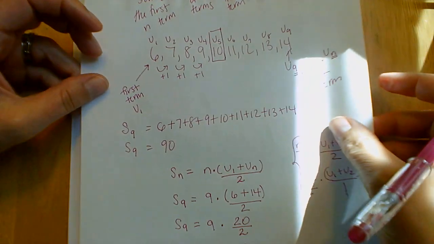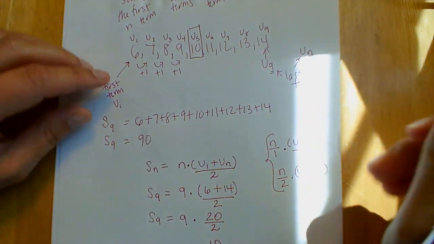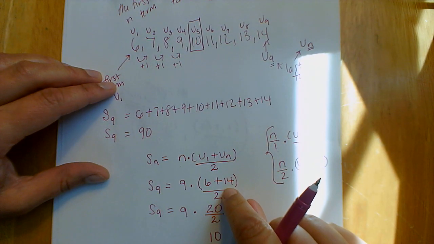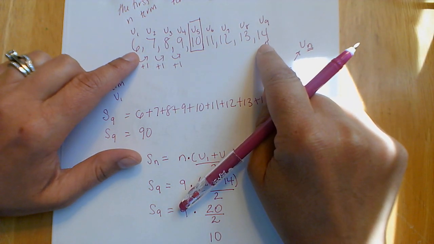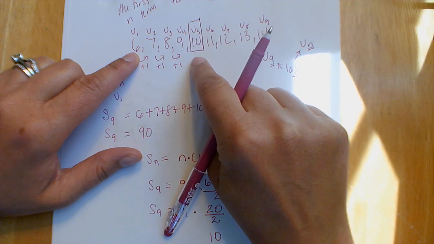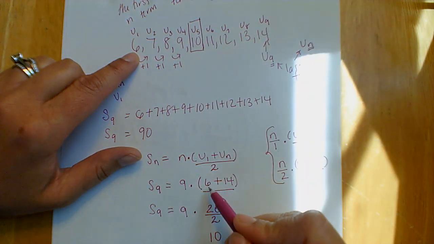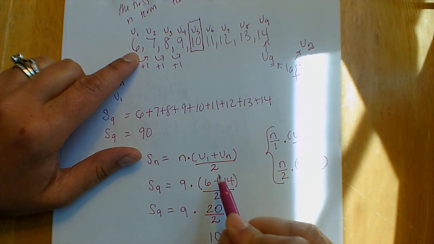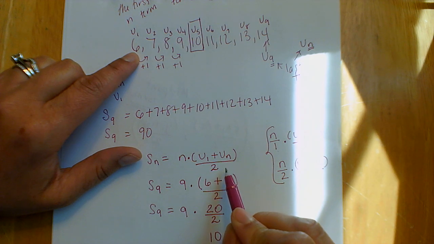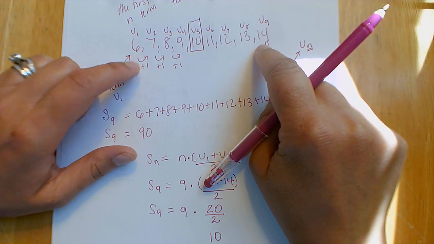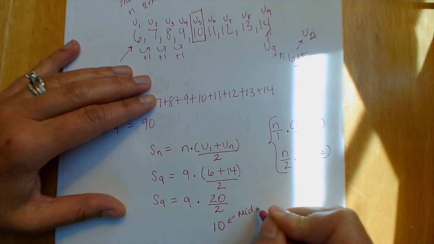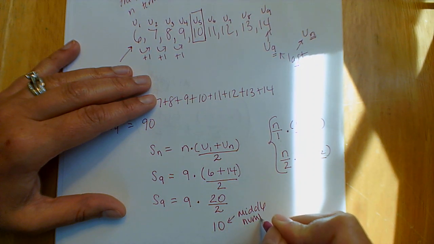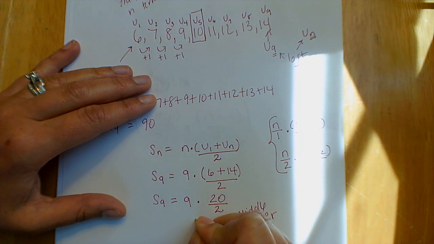So what we're really doing here is we are first finding our middle point of this entire series of numbers, entire sequence of numbers. We're finding our middle number. That's the 6 plus 14 divided by 2. U sub 1 plus U sub n divided by 2. What's our middle number? And then what we're going to do is we're going to multiply our middle number by the number of terms.